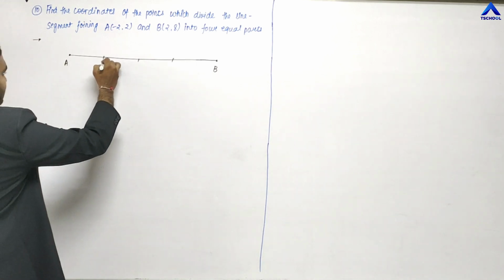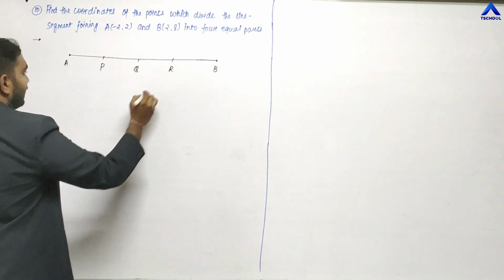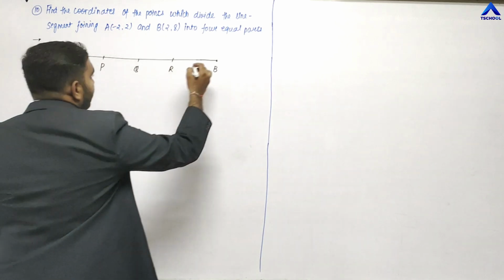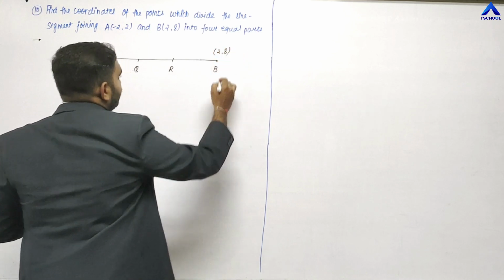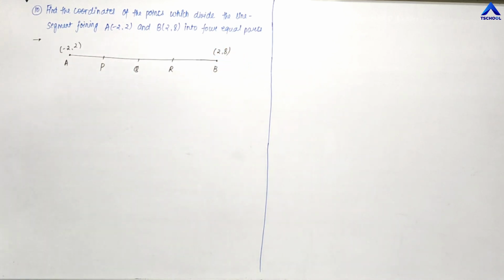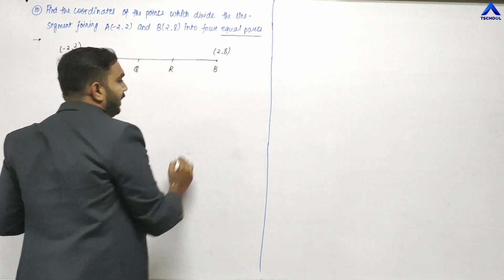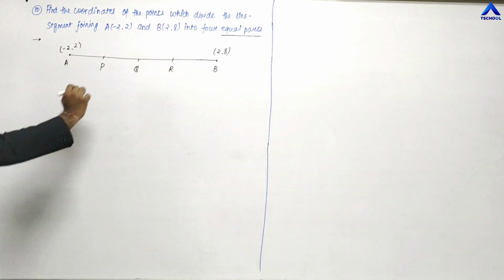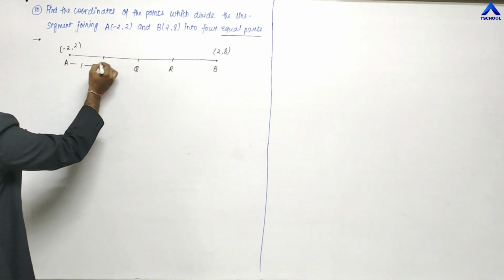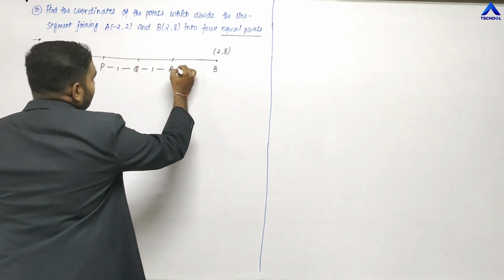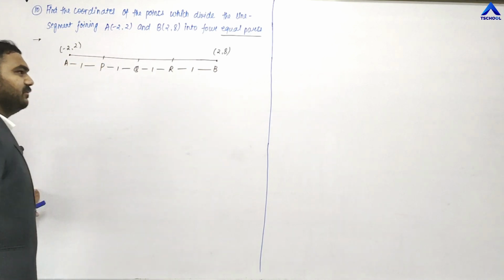So let the points of division be P, Q and R, with A given as minus 2, 2 and B given as 2, 8. Now we need to find out these points of division P, Q and R, as they are 4 equal parts. Let us say that all the parts have a distance of 1. So this will be 1, this will also be 1, and the last one will also be 1.